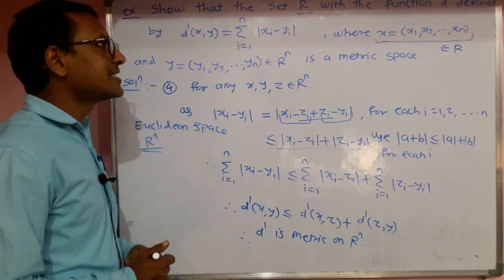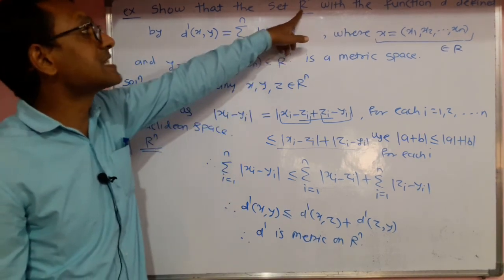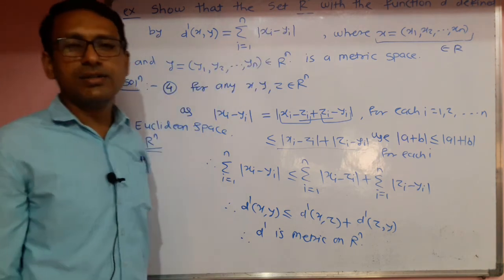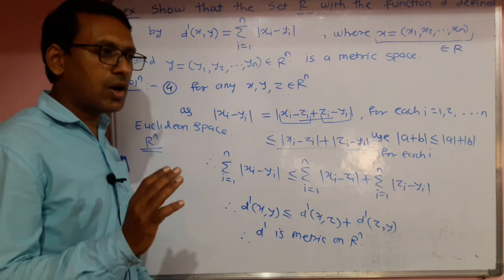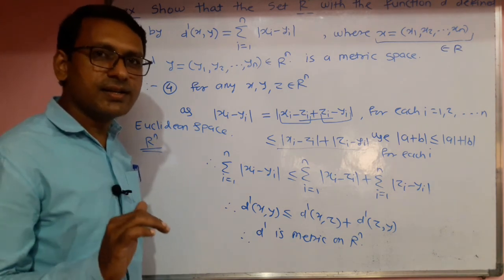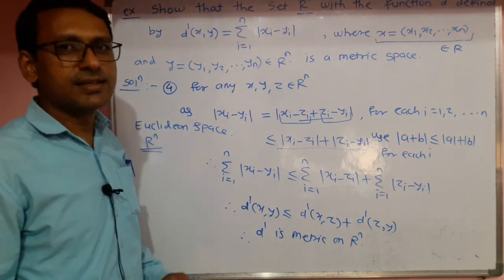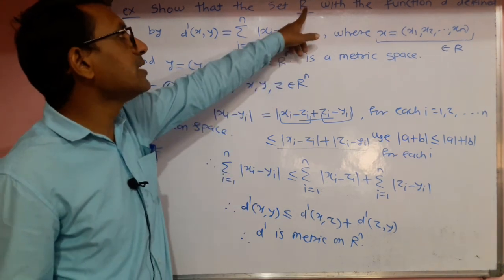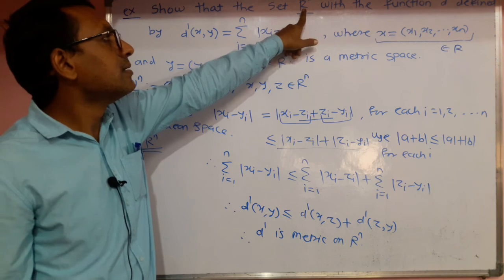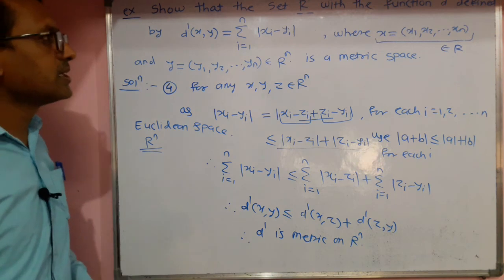Means on the same set R raised to n a different metric is defined, and here on the same set we have this another metric. Means on a same set we can define more than one metric on any set. That's why with respect to a given set there may be more than one metric space associated. So we have proved this example.